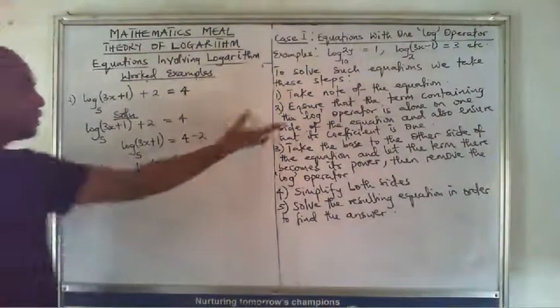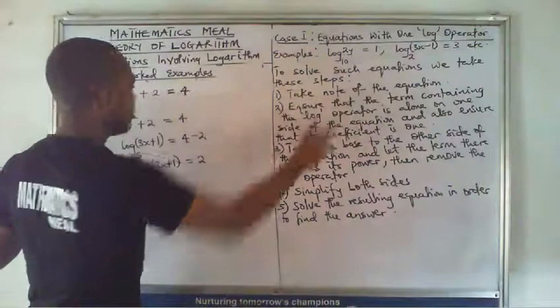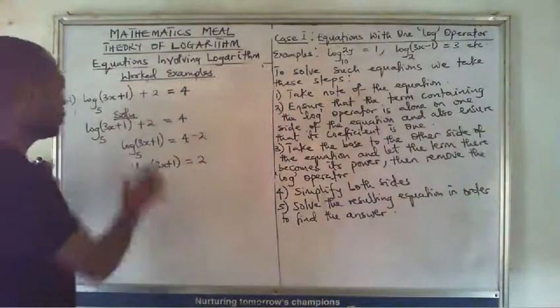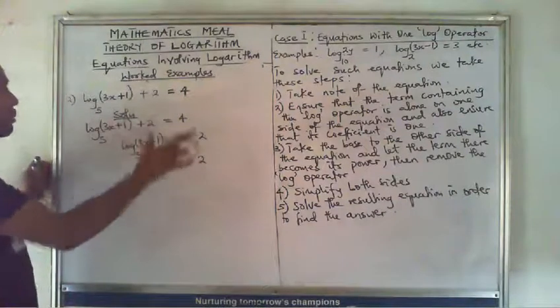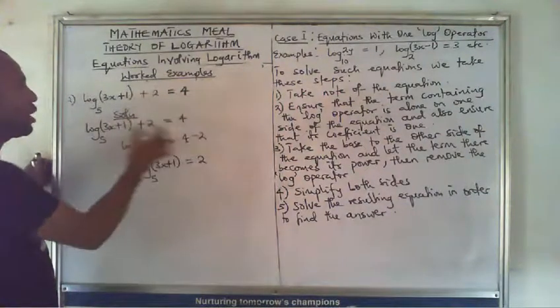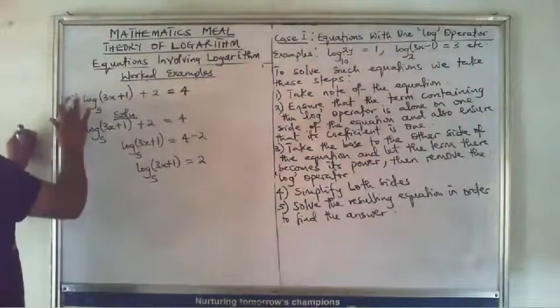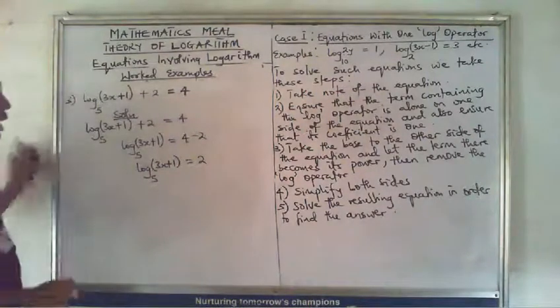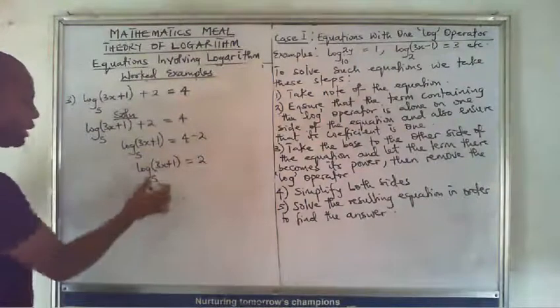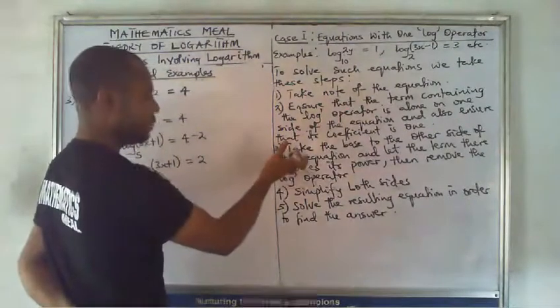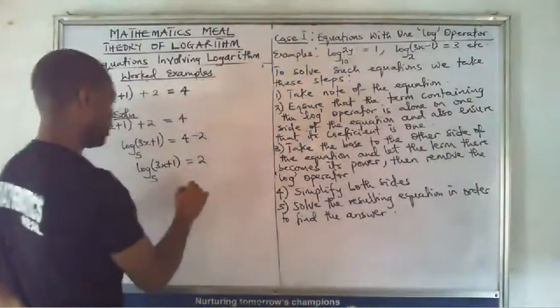Okay, we have dealt with the second step. The coefficient is 1, so we don't have a problem with that. Initially, we had a problem because this term was not standing alone, so we had to take away these 2. Now, we take the base to the other side of the equation.